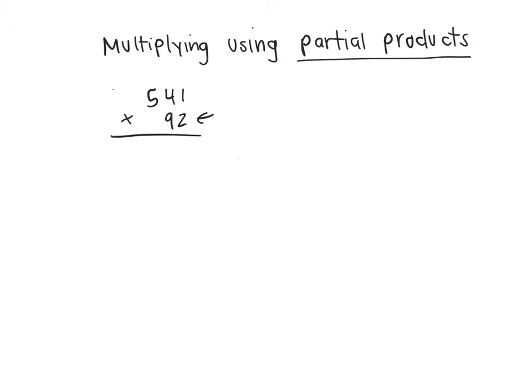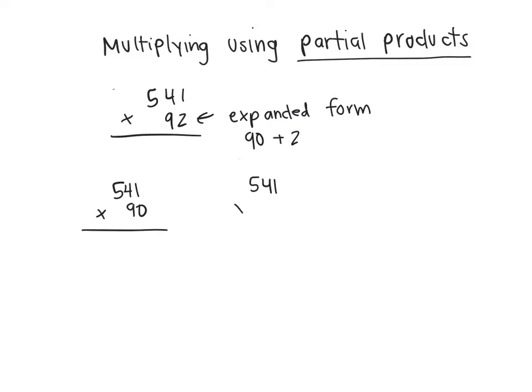So again, I'm going to put the bottom into expanded form. The expanded form of 92 is 90 plus 2. So I'm going to put 541 times 90, and then I'm going to put 541 times 2.